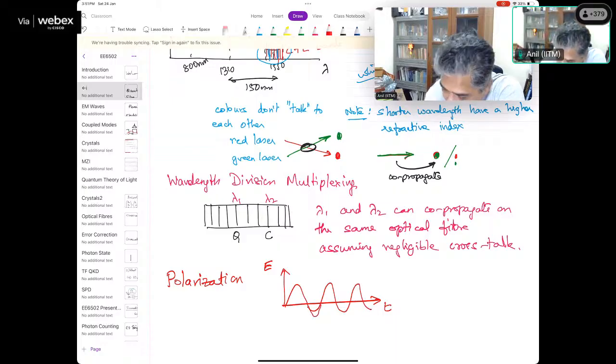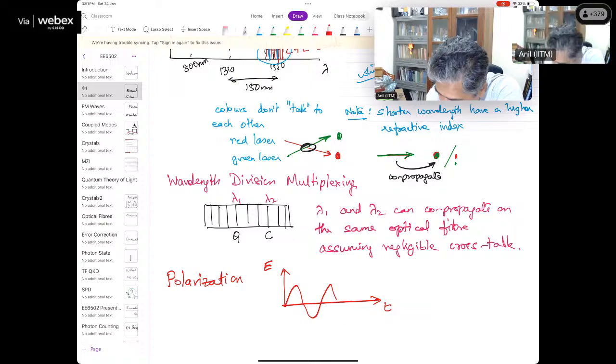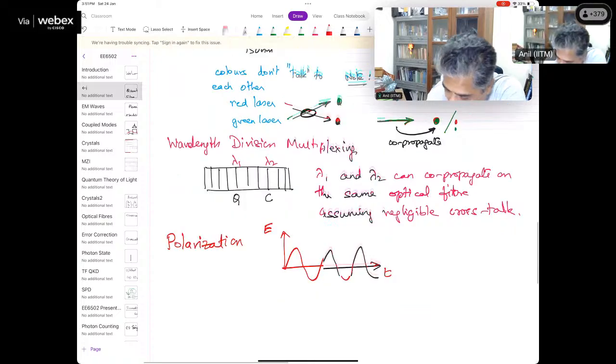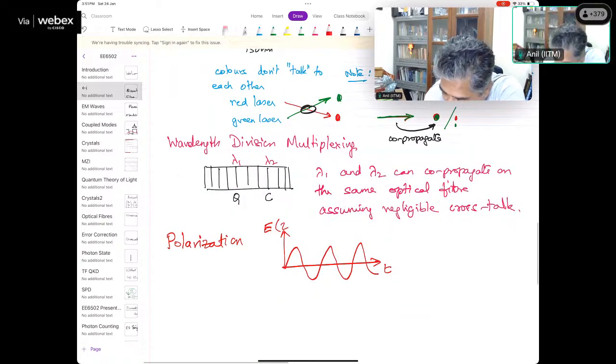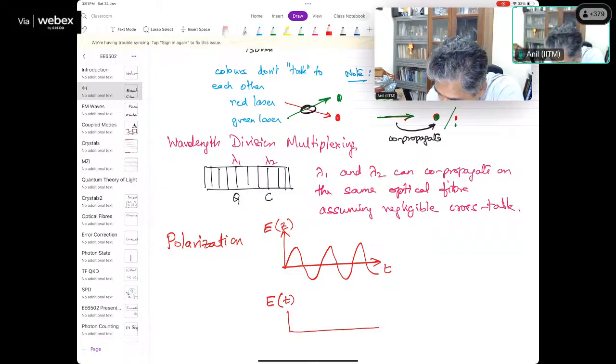So at any given location, it's oscillating in time. And this is at some given location Z. On the other hand, if I say, how does it look in space? It is oscillating in space also. So this is why I write it as E of t.